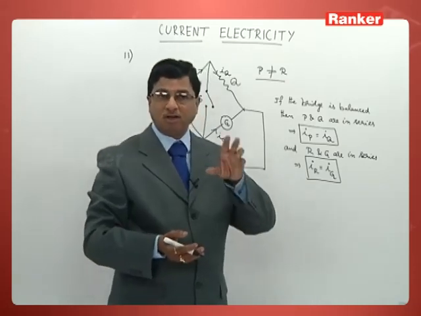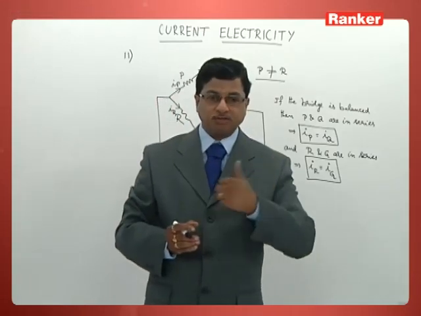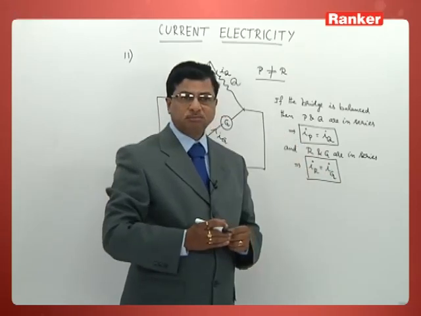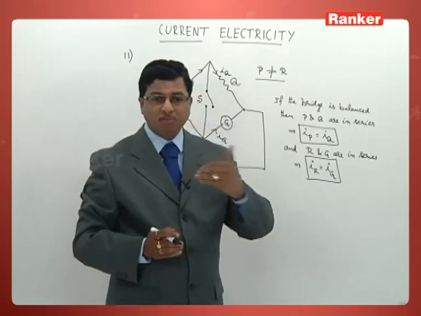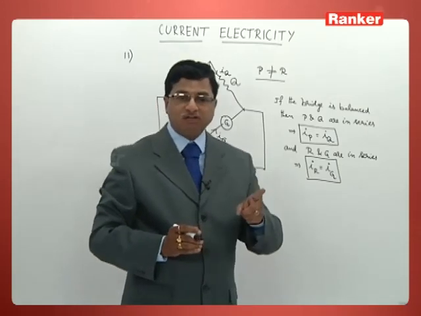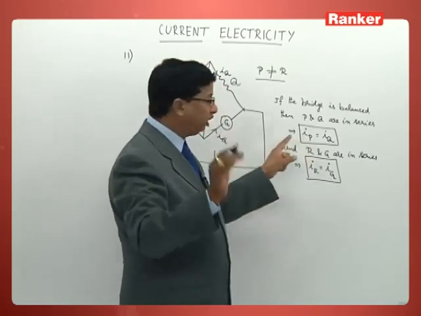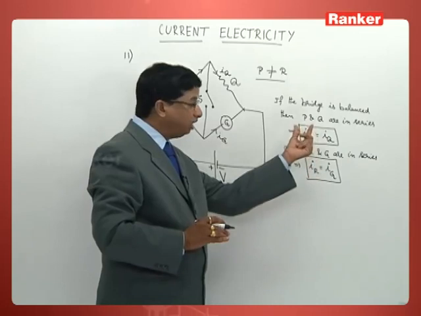Now look at all the four options given carefully. First option says IR is equal to IG. That of course is true. Second option, IP is equal to IG. IP is not equal to IG. Officially IP must be equal to IQ.